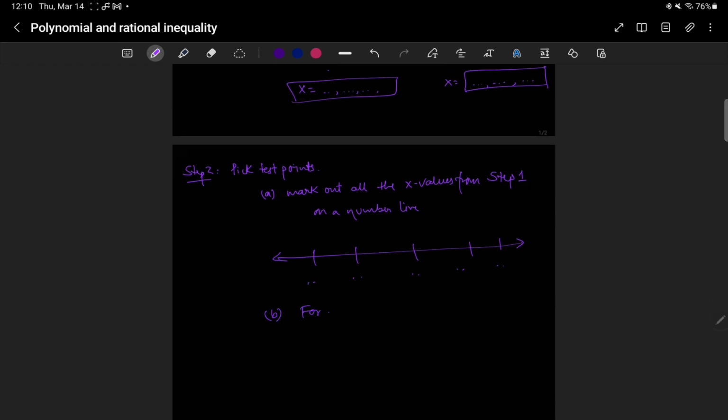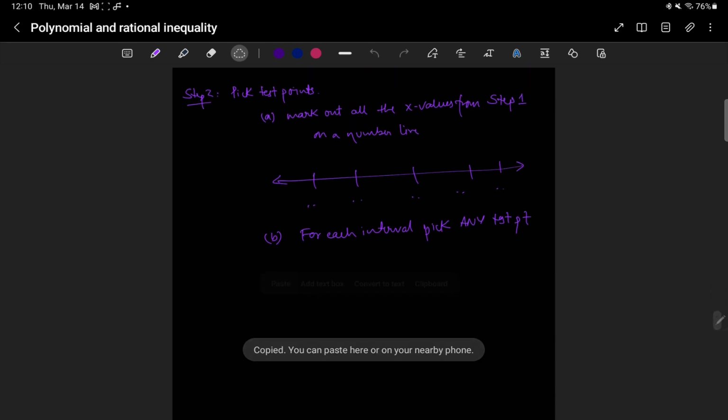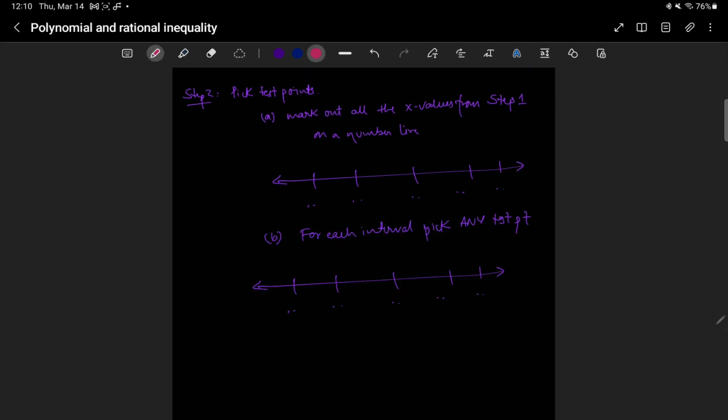Then for each interval, pick any test point. What does that mean? That means that once you label these markers on the number line, you're dividing this number line into a bunch of intervals. And each interval, you can pick a test point. So pick any number that lies between these 2 ticks over here.